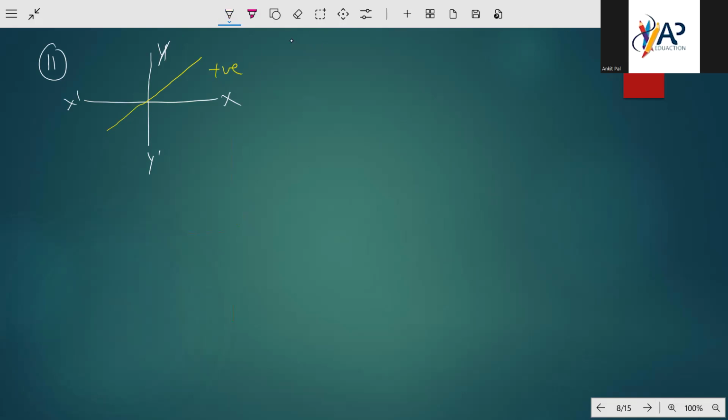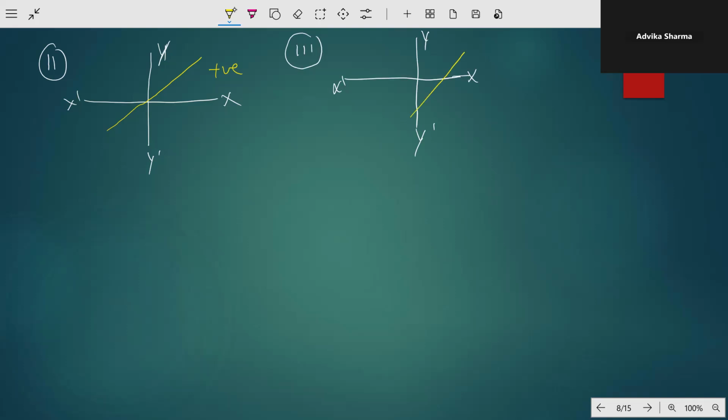Next, tell me this graph is positive or negative? Positive. Why is it positive? Because the angle is less than 90 degrees. Very good. Even we can draw the line here also. Even this point is also the angle less than 90. That's why it is positive, right?